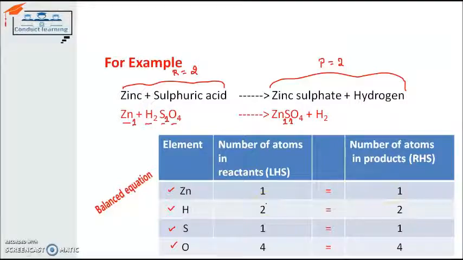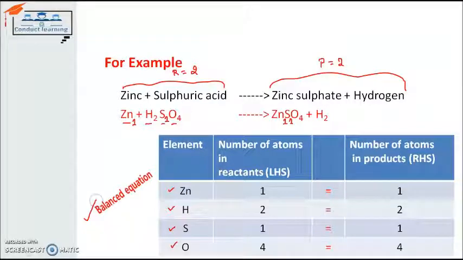Hydrogen has 2 atoms on the reactant side and 2 atoms on the product side. Sulfur has 1 atom in the reactant and 1 atom in the product. Oxygen has 4 atoms in the reactant and 4 atoms in the product. So that's why I say the equation is a balanced equation.